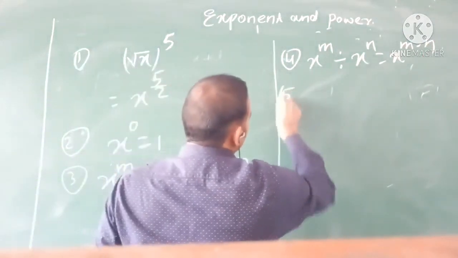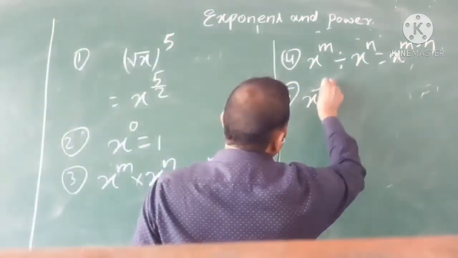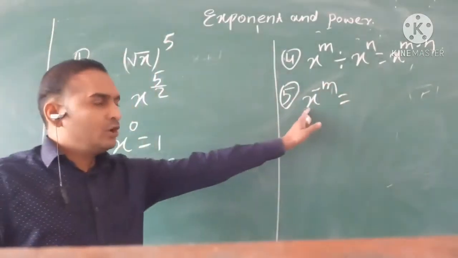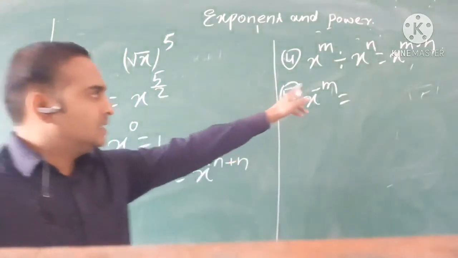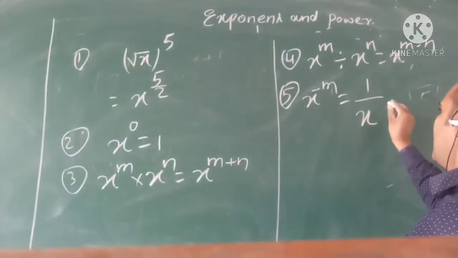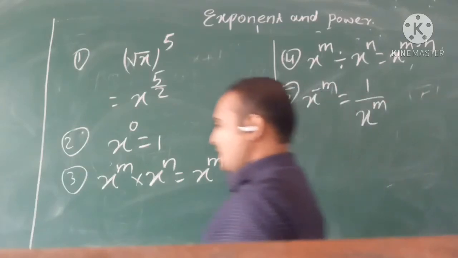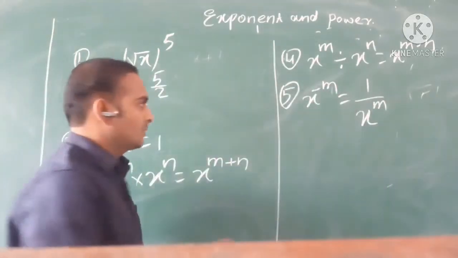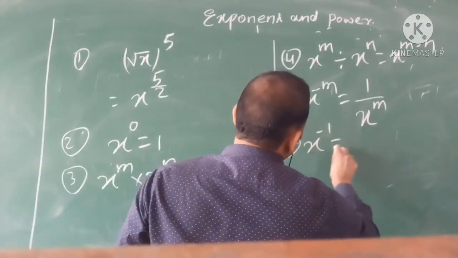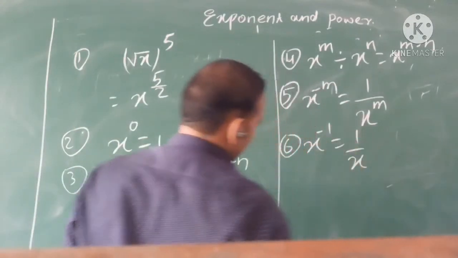Next one is x to the power minus m, and if I am going to write it in the positive power, then 1 by x to the power m. That means x to the power minus 1 is equal to 1 by simply x.